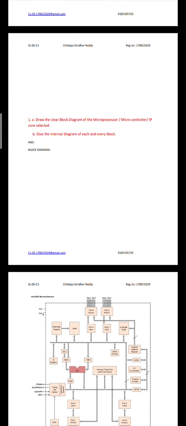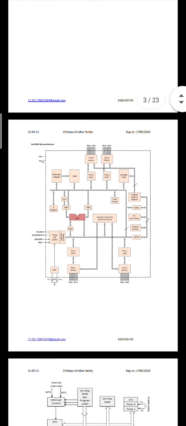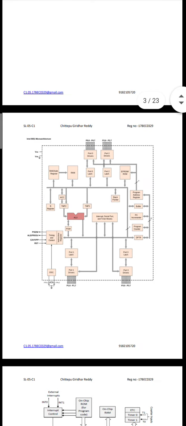If we talk about the block diagram of a microprocessor, the one I have selected is the IC 8051. This is the flow chart and the block diagram of the 8051. Here we have port 0 drivers, port 2 drivers, RAM, port 0 latch, port 2 latch, EPROM, and stack.